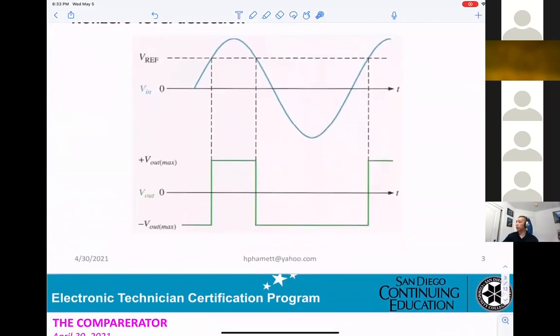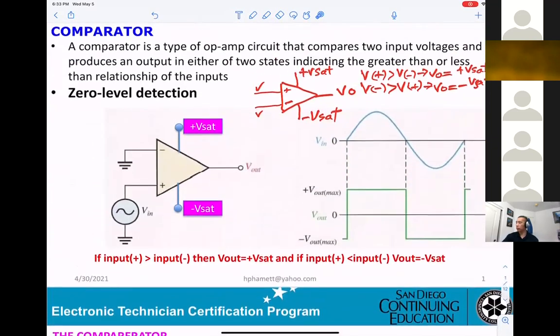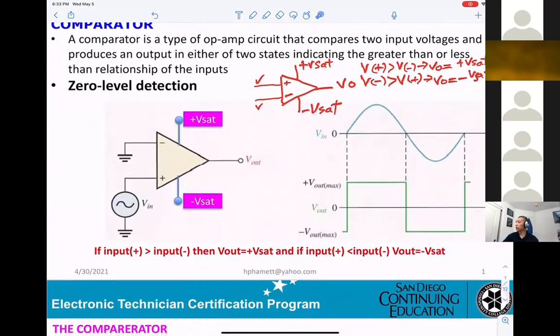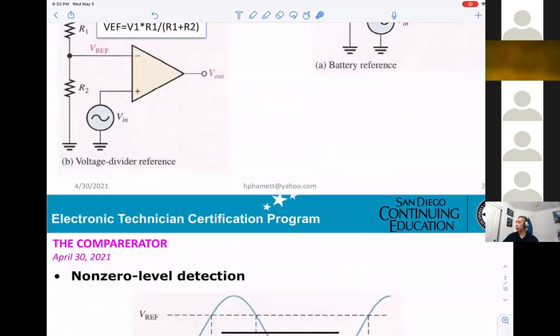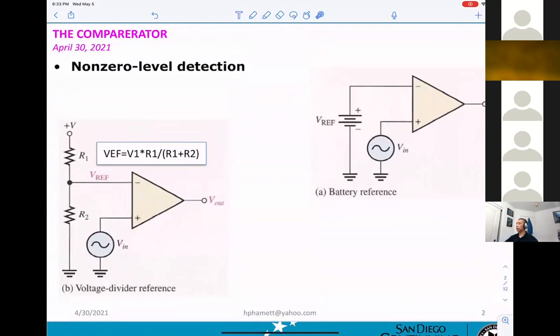Mr. Pham, could you please explain again the idea of non-zero level detection? You mean go back to here? Non-zero level detection. Non-zero means they are not compared to ground. They compare to something else.